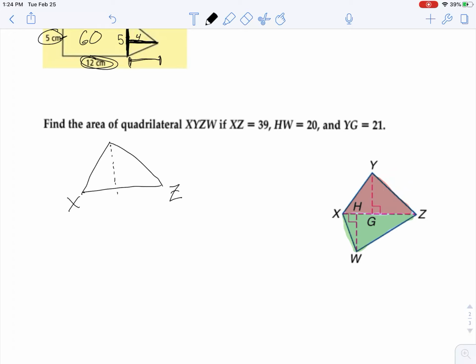X, Z, this is G, and this is Y. And then I can label those pieces, showing that that's perpendicular. XZ is 39, so this whole piece is 39. HW we don't have, and YG we do have is 21.